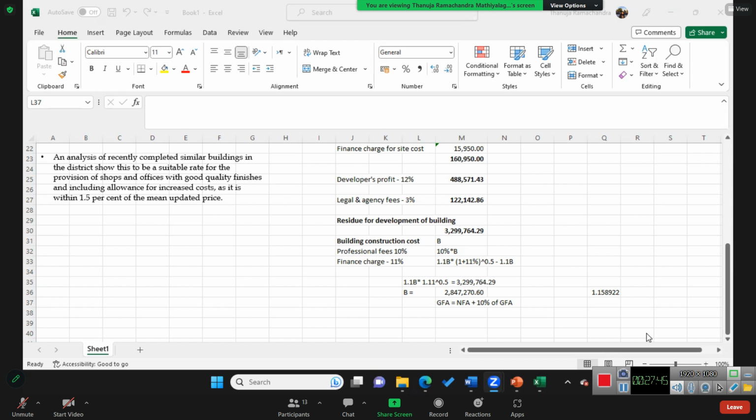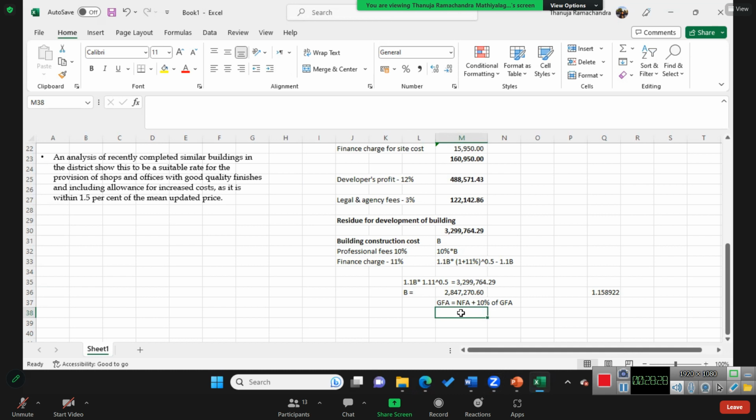So when you calculate the cost, you need to calculate for the total gross floor area. When you calculate the income, it's for the net floor area, right? So here we are calculating the per unit cost. Therefore, we need to calculate the GFA. So net floor area we know is 1,400, 900 plus 500. So 90% of the GFA is equal to 1,400, right?